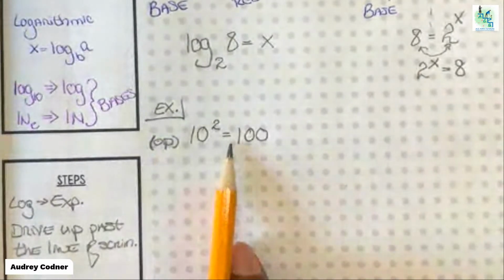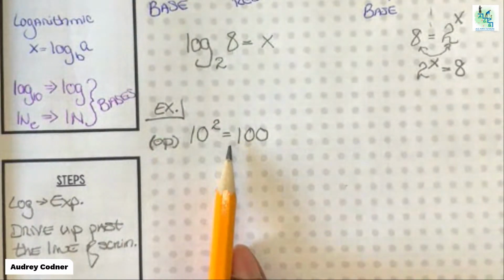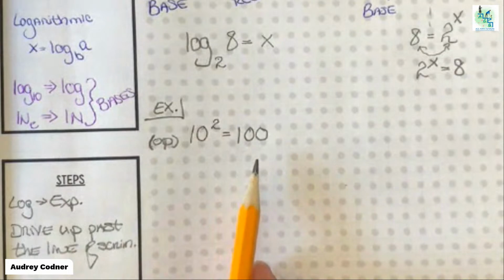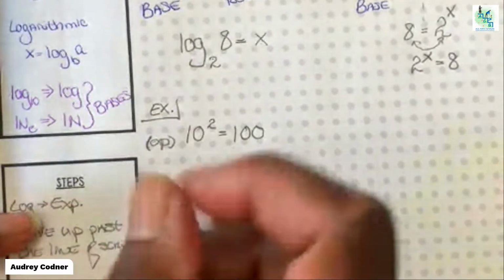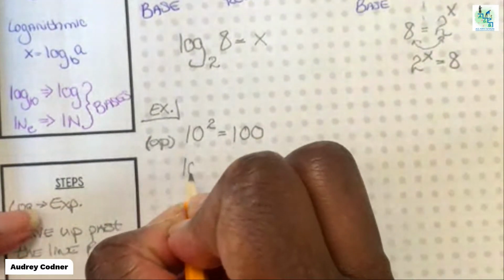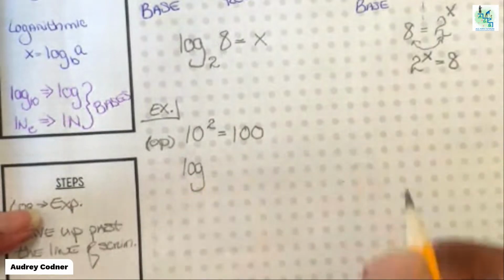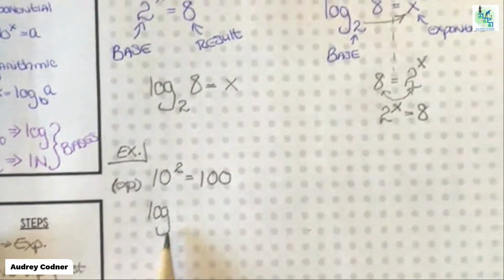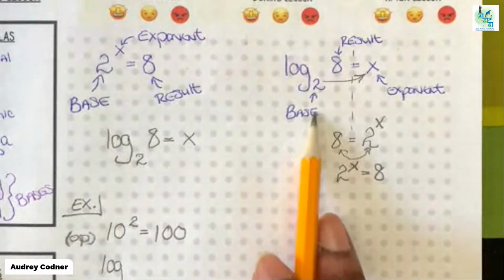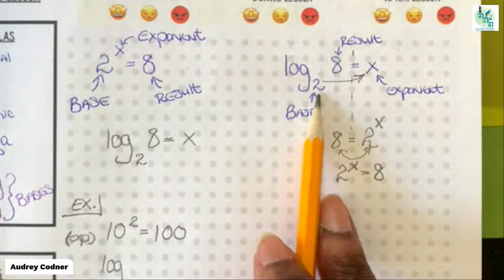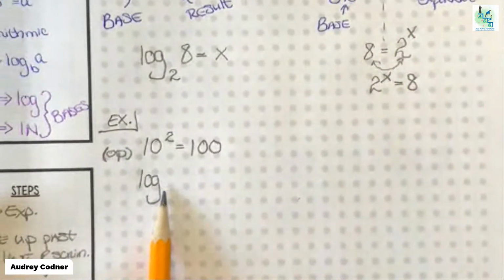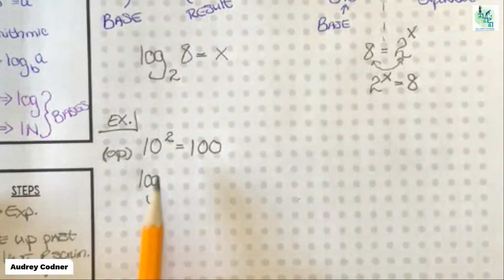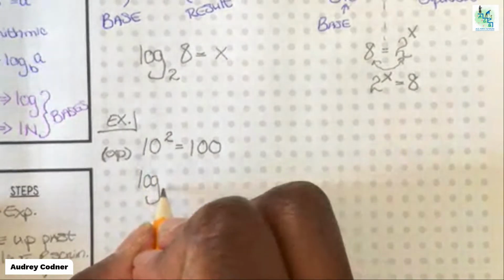So I want to go from exponential to logarithmic. And the only way that I can do that is, one, I'm going to write the word log. And remember, my base is going to go down here. Remember how we have it here? Here's my base. So my base is going to be the subscript next to the log. My base is 10.